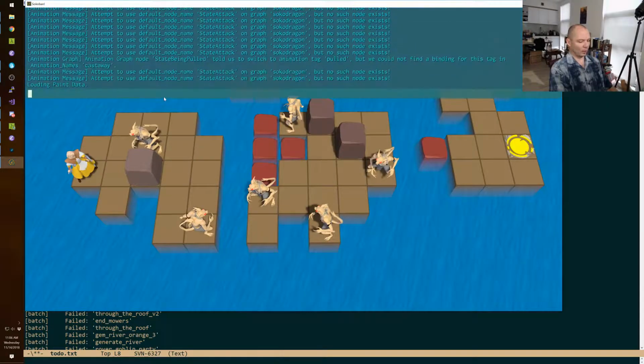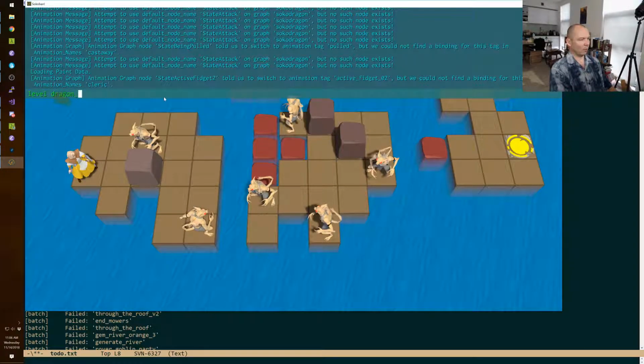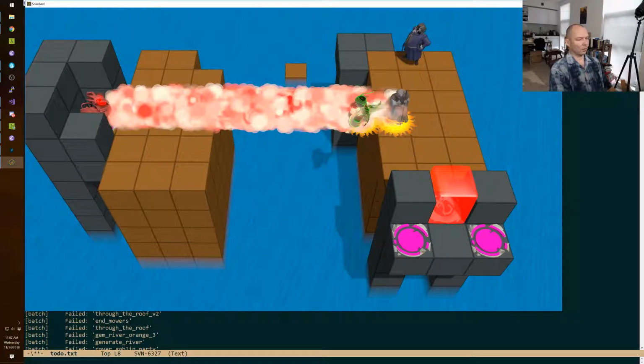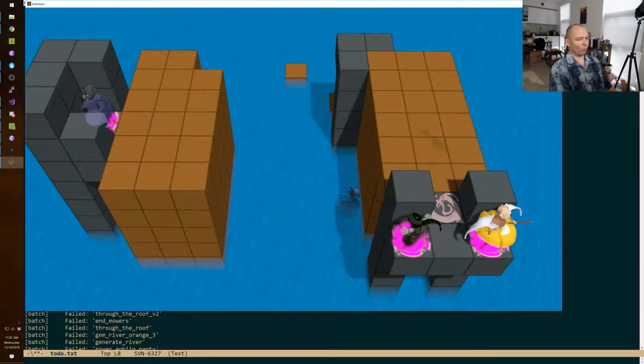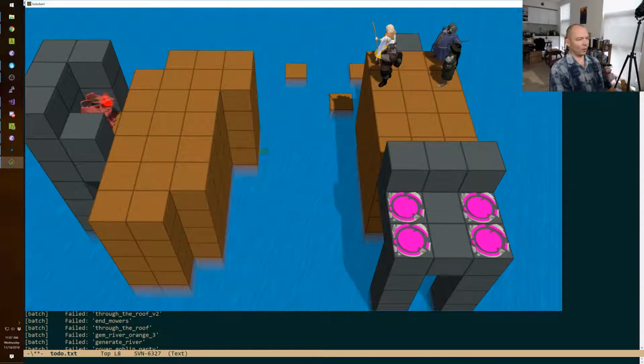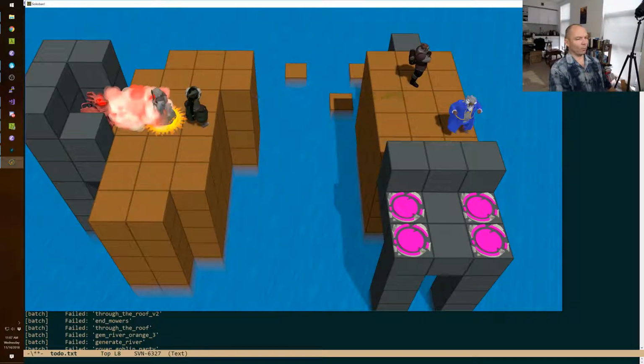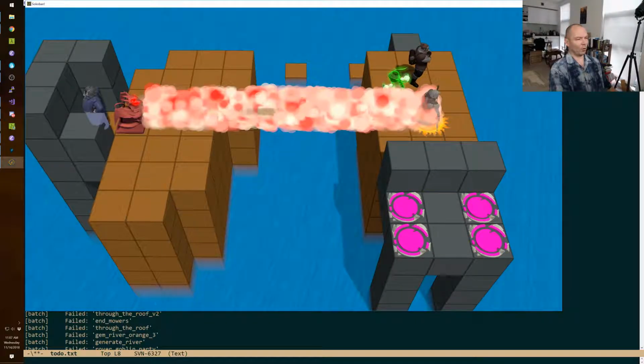Let's try the dragon levels. Dragon fall. So slow frame rate. Okay, well that succeeded. Is this dragon pull? Yeah. So that's at least 3 levels that we fixed. Probably, if this one succeeds.